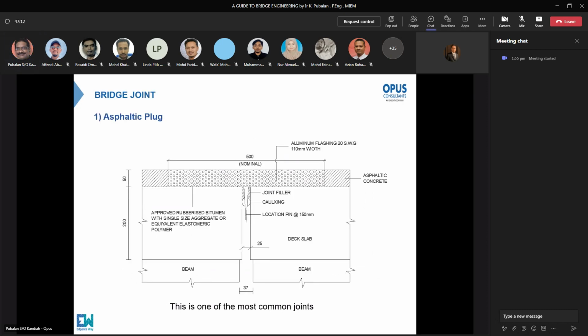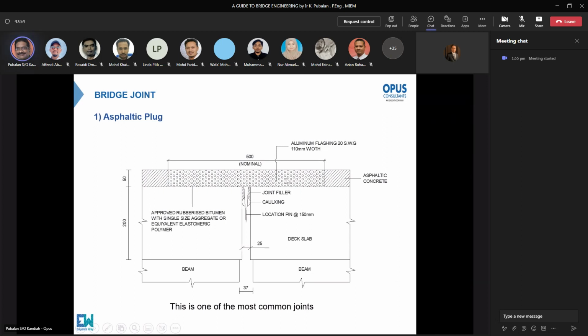Now the bridge joints. This is the diagram of the normal asphaltic plug joint. 500 mm is nominal. How is it designed? When you have two structures at the connecting span, due to thermal expansion and contraction, your asphaltic concrete, if it does not have a joint, will crack.